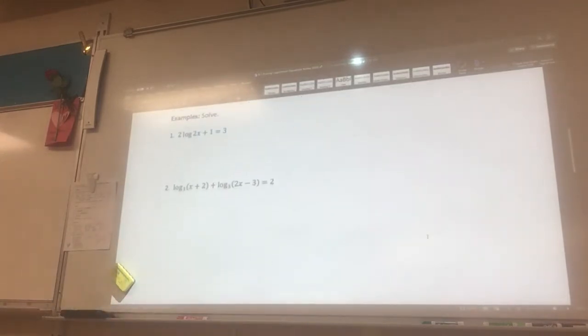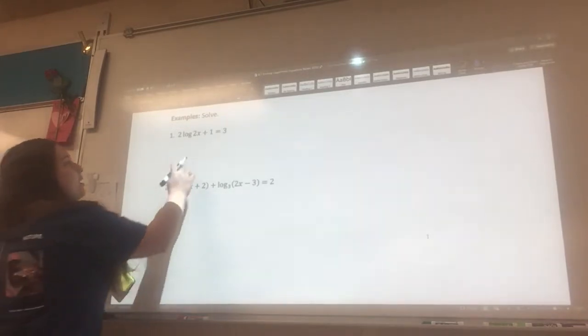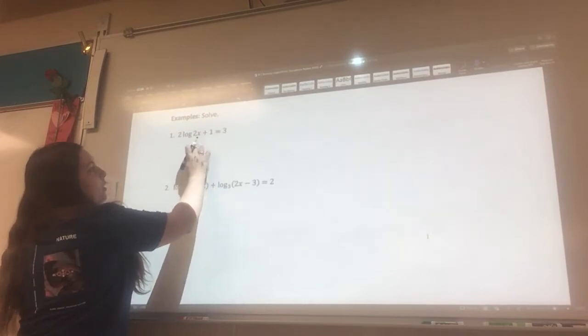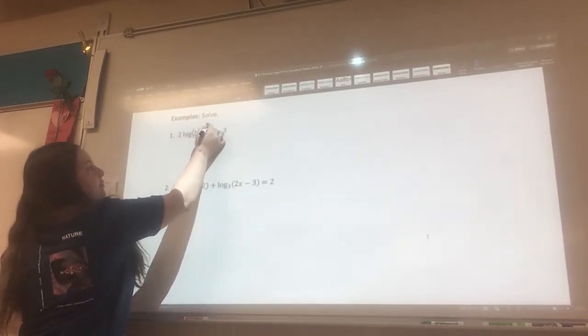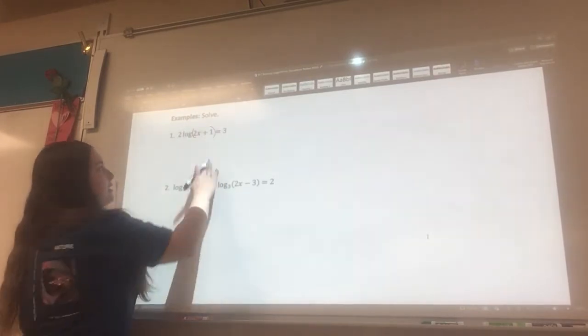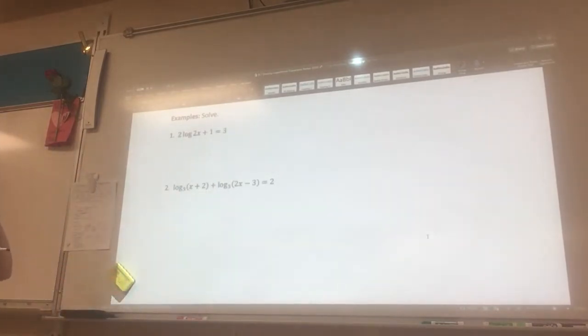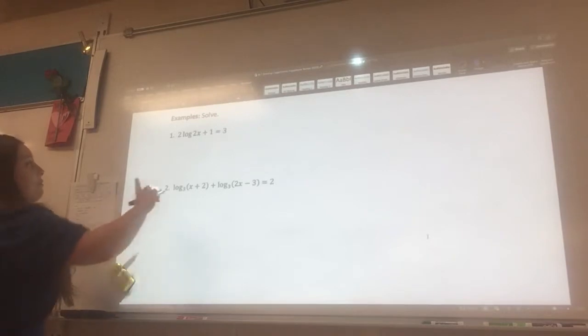So our first example, we have 2 log 2 of x plus 1. This 2 of x is alone. It does not have that plus 1. We would know it was together if there was parentheses. Please pay attention to that one. Our first step is to simplify. We need to simplify to 1 log.